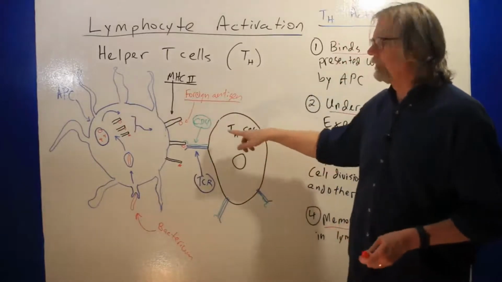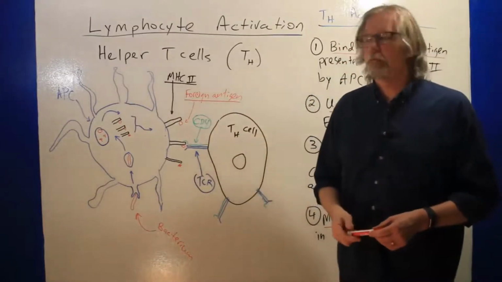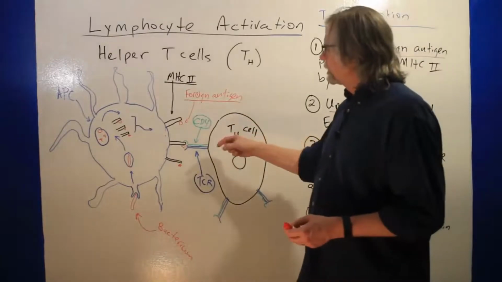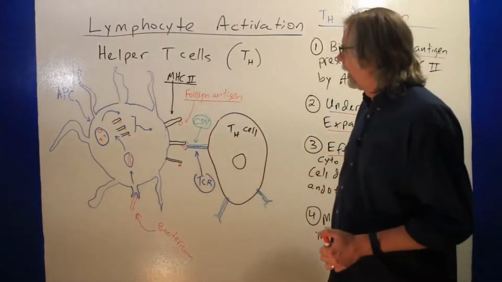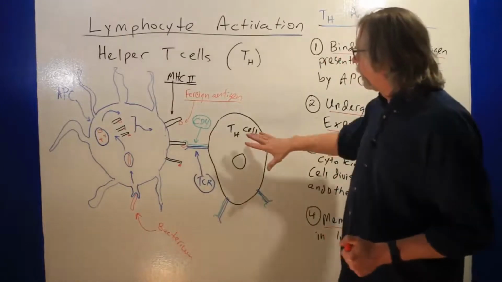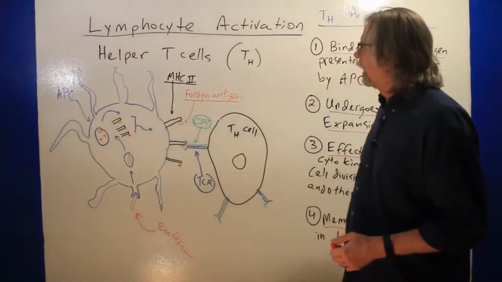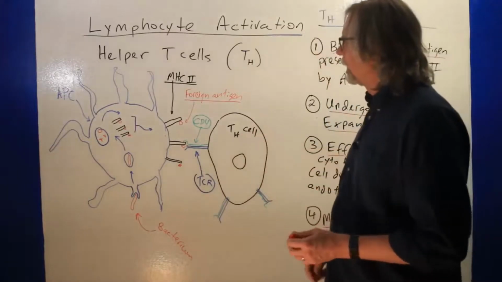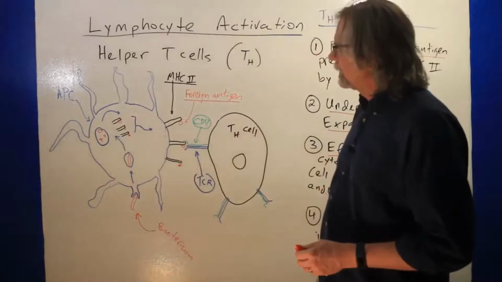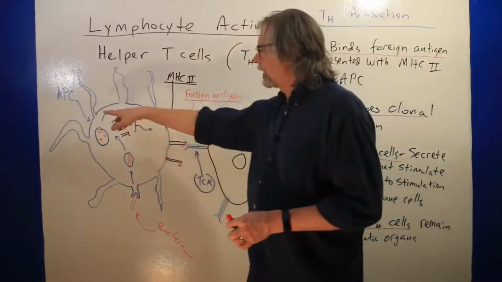T helper cells have the CD4 co-receptor. So it's two things involved in binding. And the only form that an antigen can be presented in that a T helper cell will recognize is if it's presented by an antigen presenting cell.